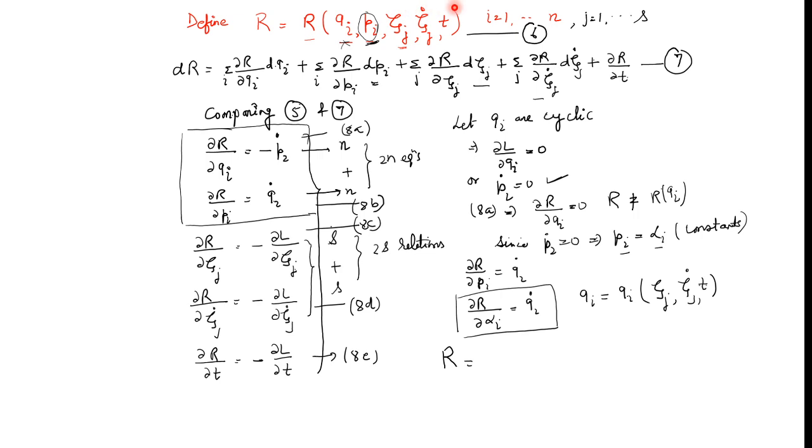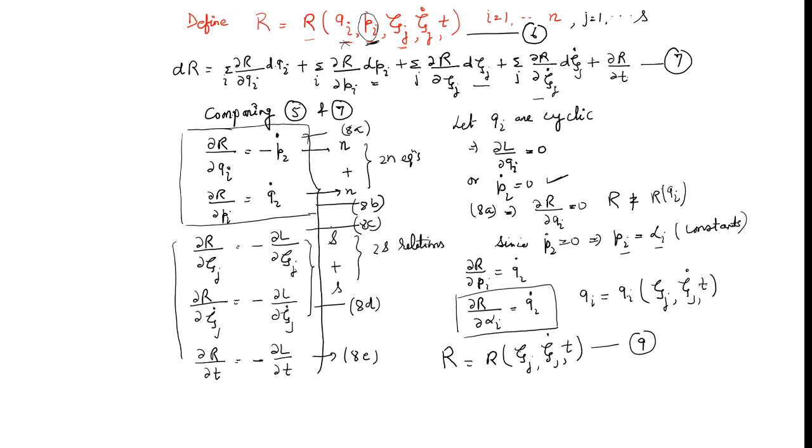So finally in this r you are left with the non-cyclic coordinates and the velocities corresponding to non-cyclic coordinates, right? So I'll write final r. Your r is a function of ζj, ζj dot and time, and you know these relations.